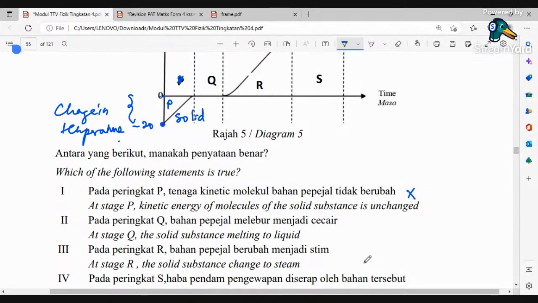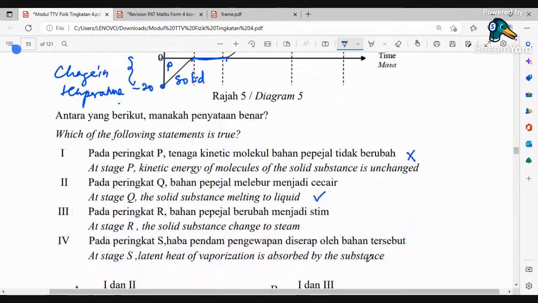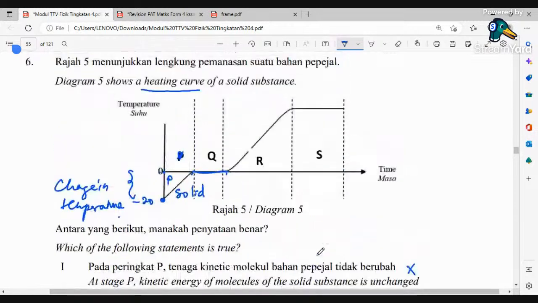At stage Q, solid substance melting to liquid. So you can see when it reaches here, no change in temperature. Okay, so Q will cause the solid to melt to liquid. So Q ialah melting. Maksudnya betul untuk second. Stage R, solid substance changes to steam.